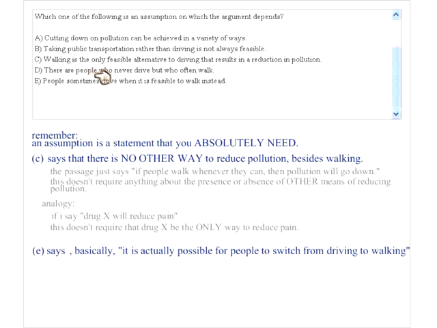People sometimes drive when it's feasible to walk instead. This means there are actually people who could potentially switch from driving to walking. This is totally necessary, since the argument depends on people's ability to switch from driving to walking.